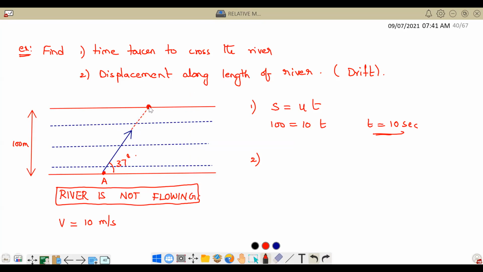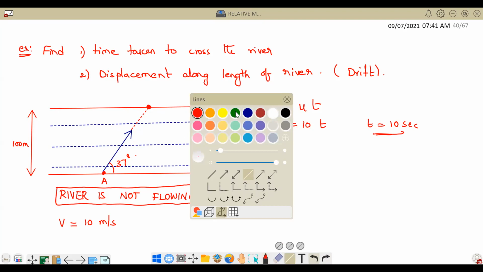Now they're asking what is the time taken and what is the displacement along the length of the river.